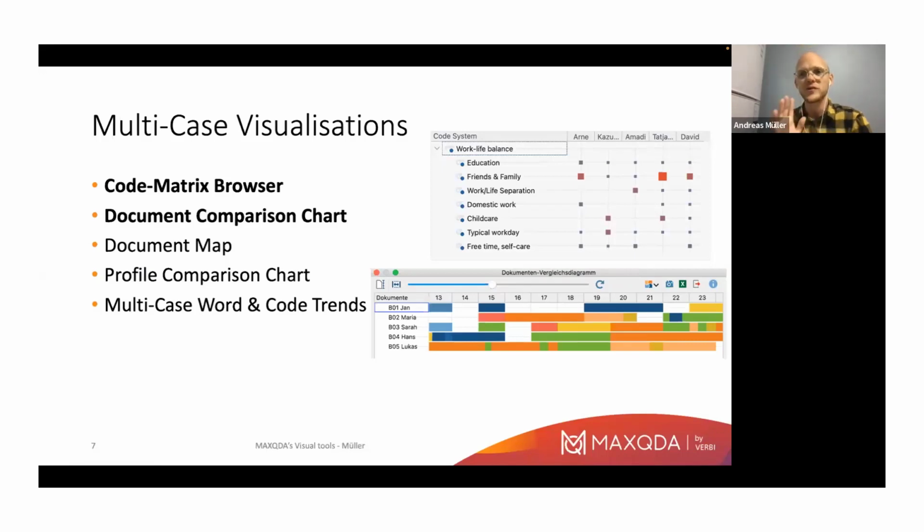In almost every research project or with almost every one of my clients, we open up the Code Metrics browser at some point, either because we want to actually analyze the data or just for quality checking. It's also a very helpful tool. I will show you the Code Metrics browser and then the document comparison chart. And about the other 3, I will just talk a bit more briefly.